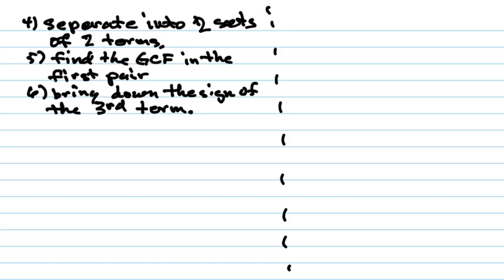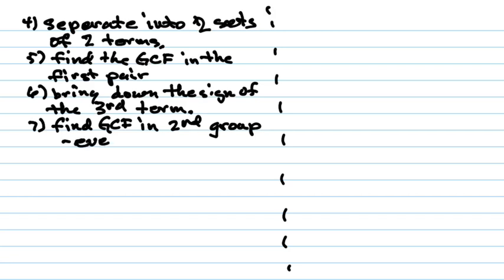And again, I'll show you an example of this in a minute. Then, find the GCF in the second group, the second pair of terms, even if it's only a 1. We have to divide something out of it, no matter what.